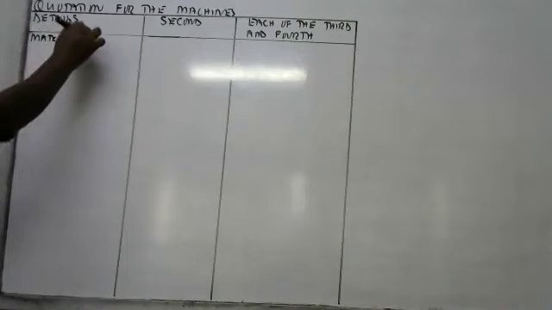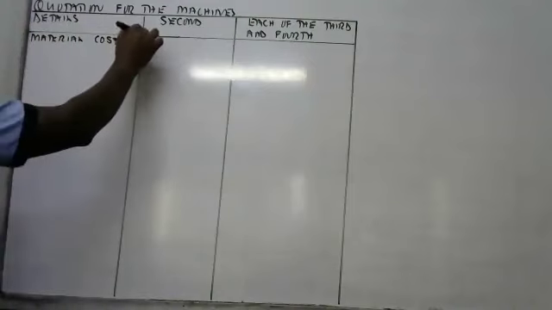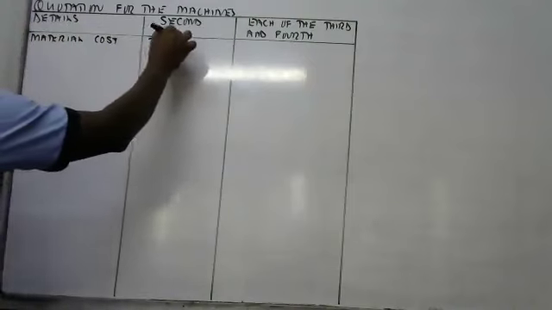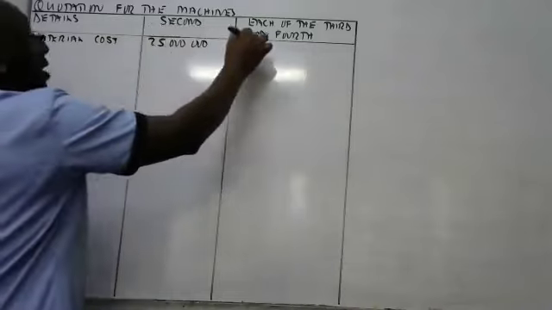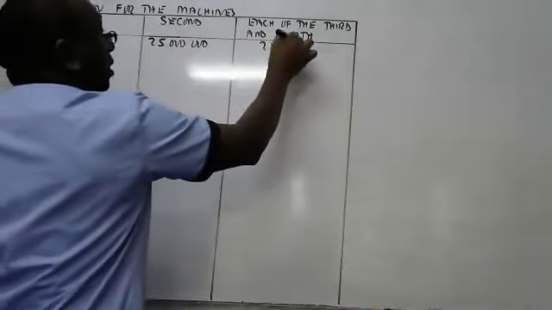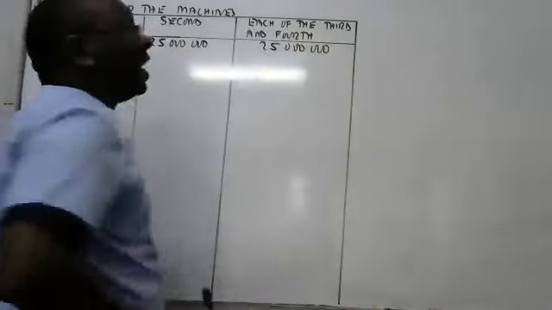So material costs, it is 25 million. The same case will apply here, 25 million.